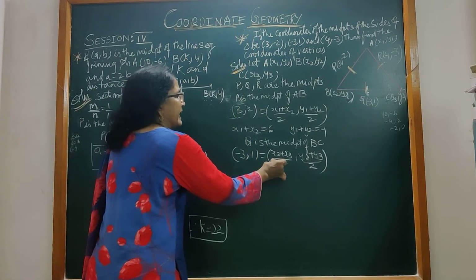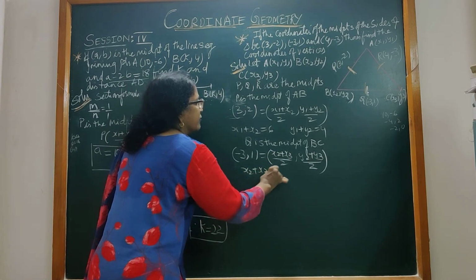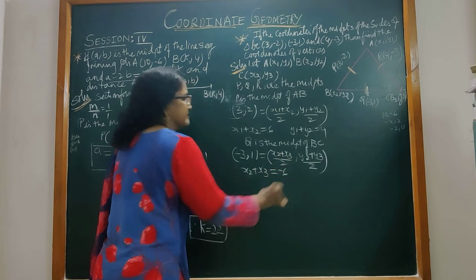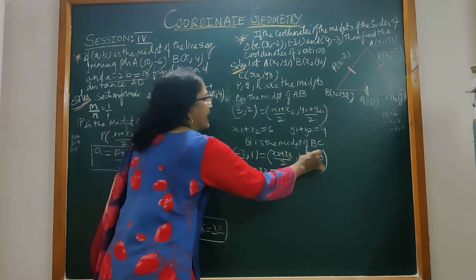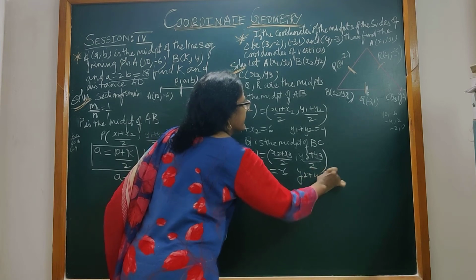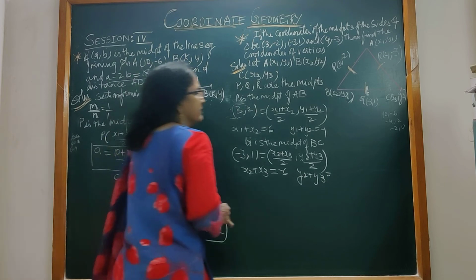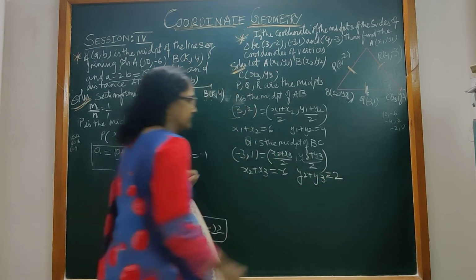So we will get x2 plus x3 is equal to -6 and y2 plus y3 is equal to 2.